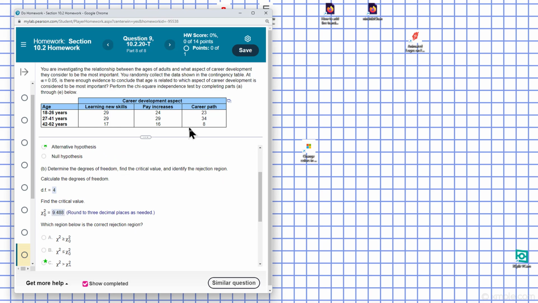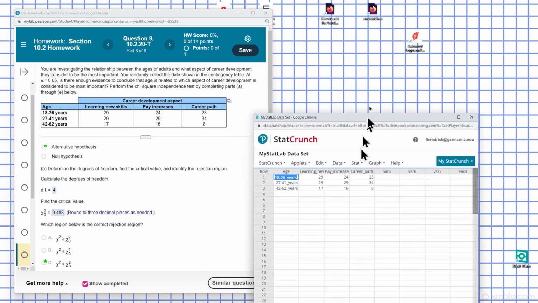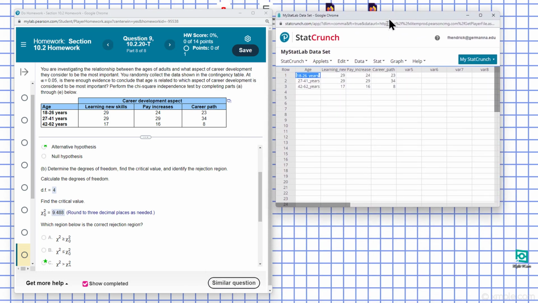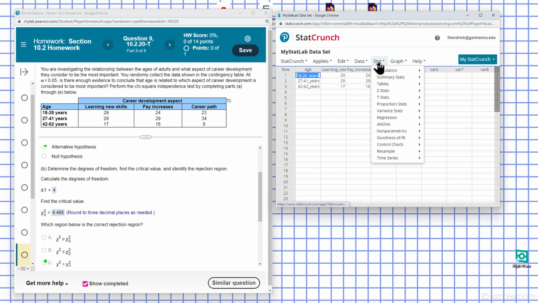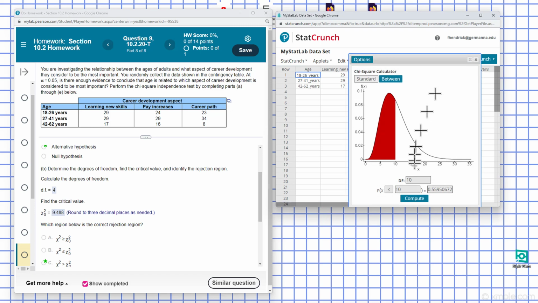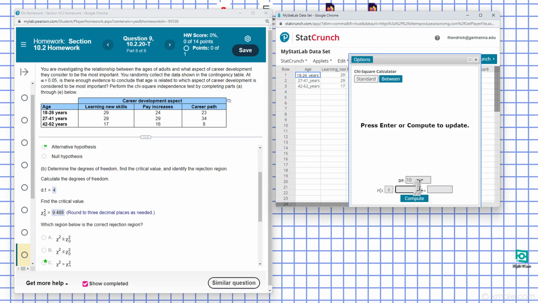So we can open this up in StatCrunch. Stat, Calculators, Chi-Square. So we know that our degrees of freedom is 4.